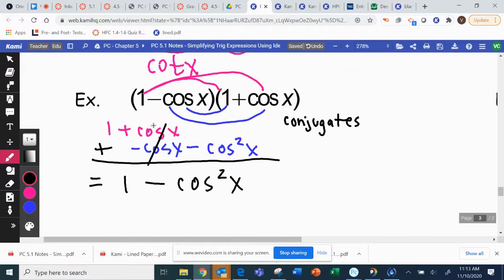Okay. All right, so we got 1 minus cosine squared x. That's not one trigonometric ratio. Can we simplify that to one trigonometric ratio or number? Daniela? How'd you get that?